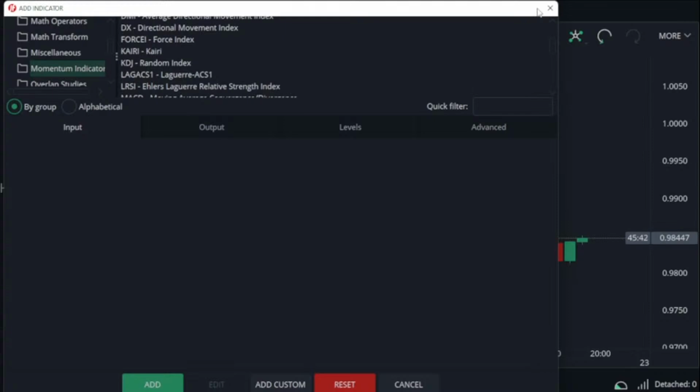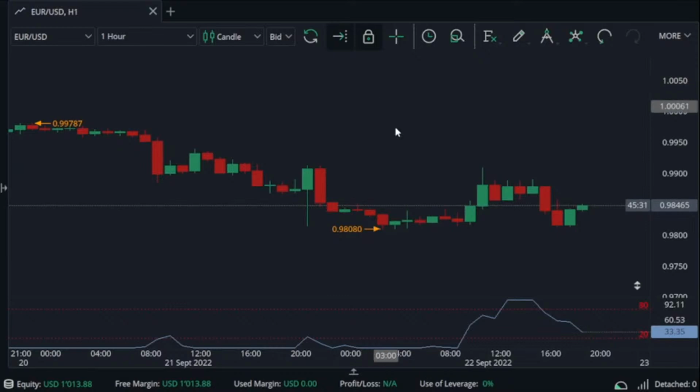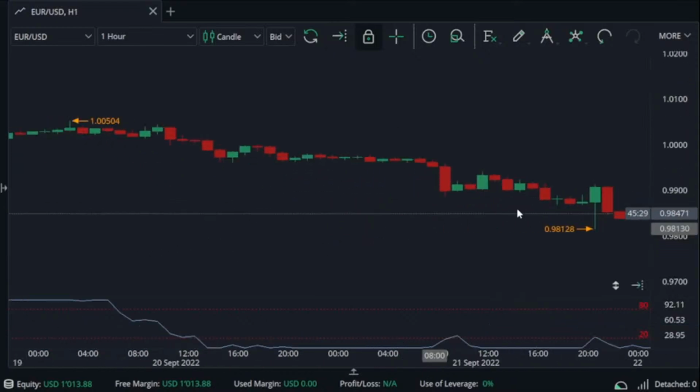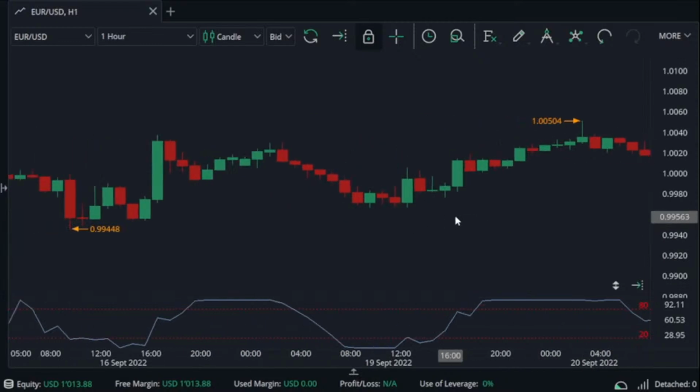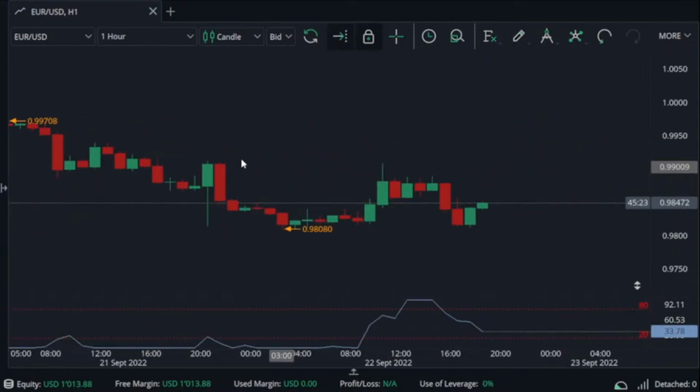All right, or simply if you type in LRSI, then also you can add it that way. So here it is. Now coming to its plotting, I have added it with the Euro USD being the instrument of choice and the candle period is hourly.